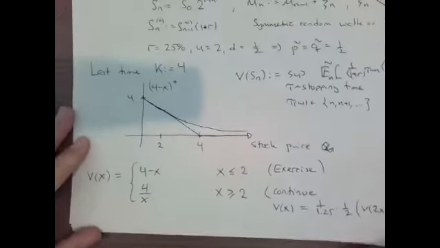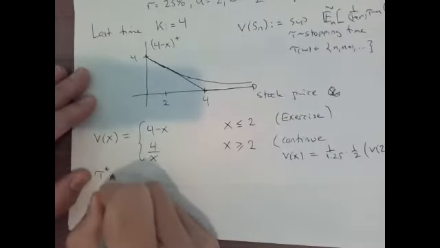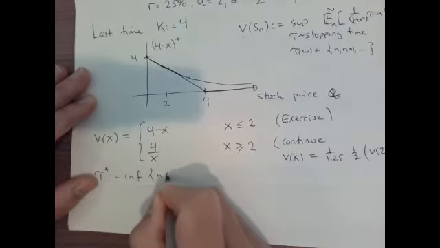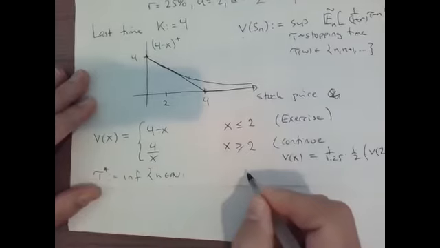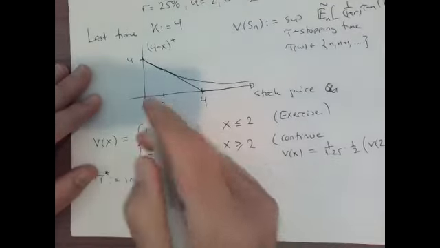In the same breath, we also have a conjecture for the optimal exercise time: the first time such that the stock price is less than 2.